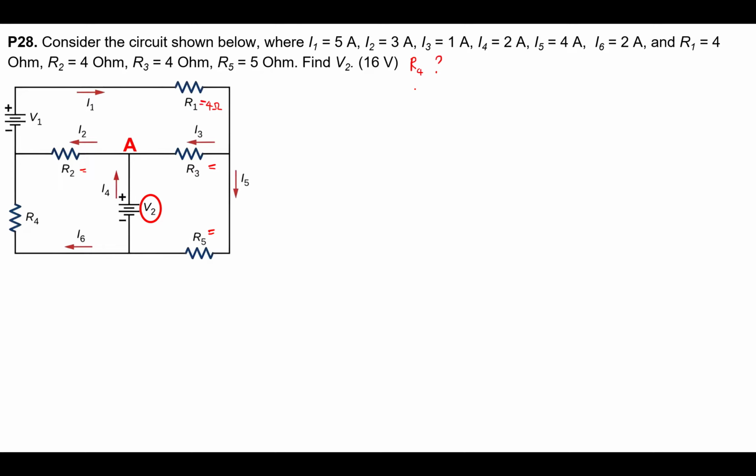Anyhow, we need to figure out the currents 1 through 6. All the currents are given, but alpha is not given, and we need to find V2. In fact, V1 is not given.